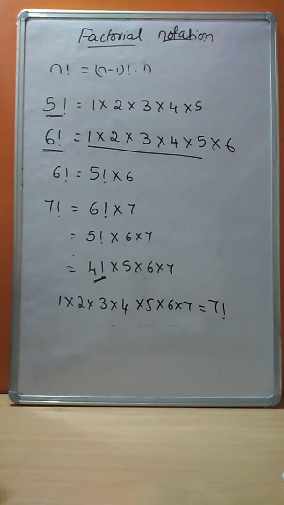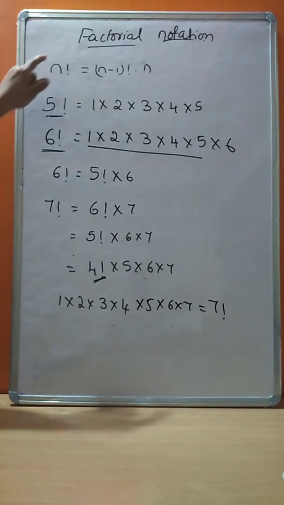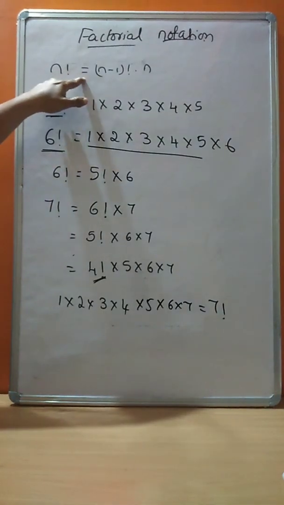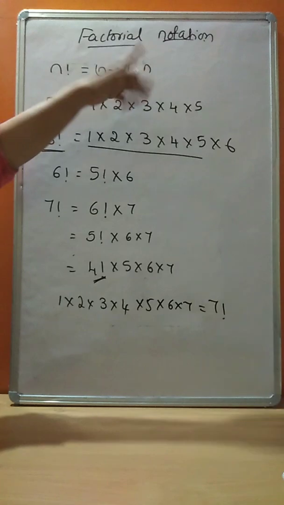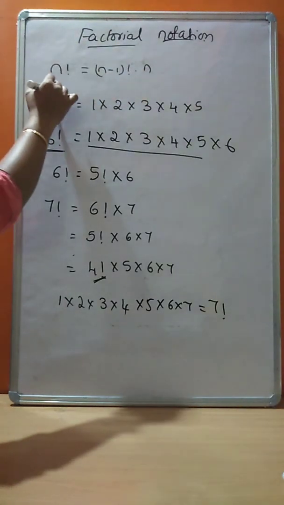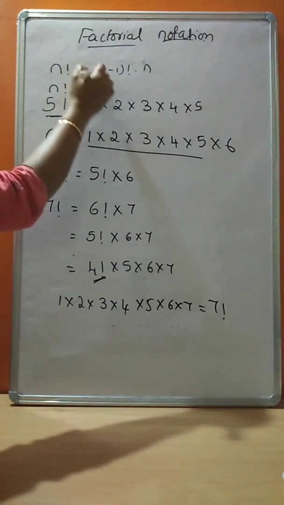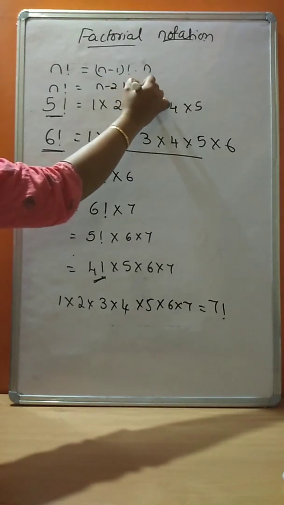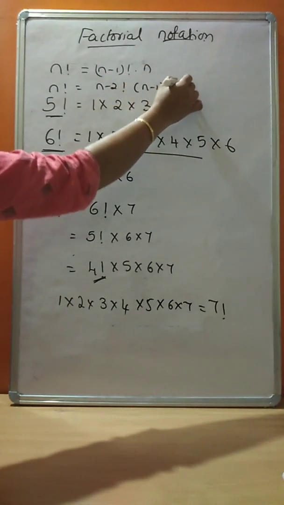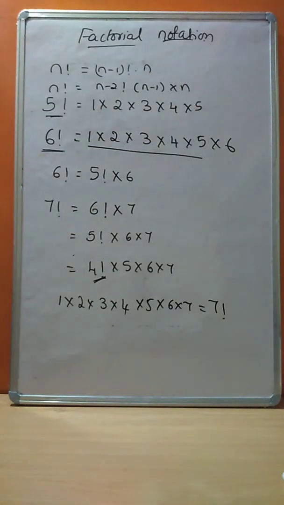This will be helpful for our convenience. We can write in different manners. So, see, n factorial can also be written as n minus 1 factorial into n, or can also be written as n minus 2 factorial into n minus 1 into n. Okay. In this way, we have to write the factorial notation.